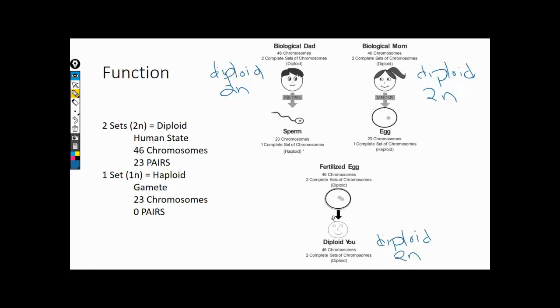This is where we get weird with meiosis. We can't have 2 plus 2 equal 2. A number does not put the adding up, and we know that 2 plus 2 equals 4.